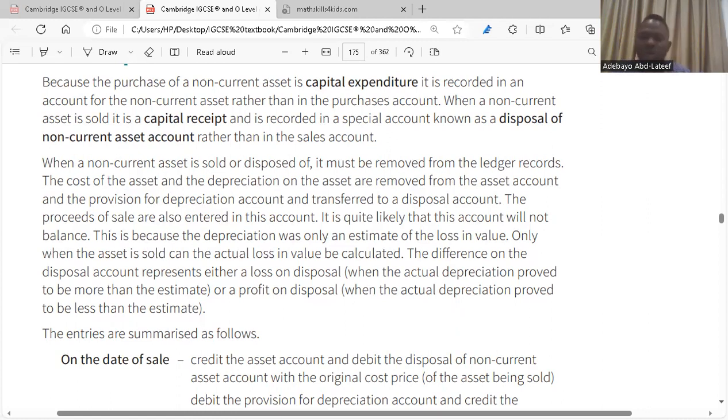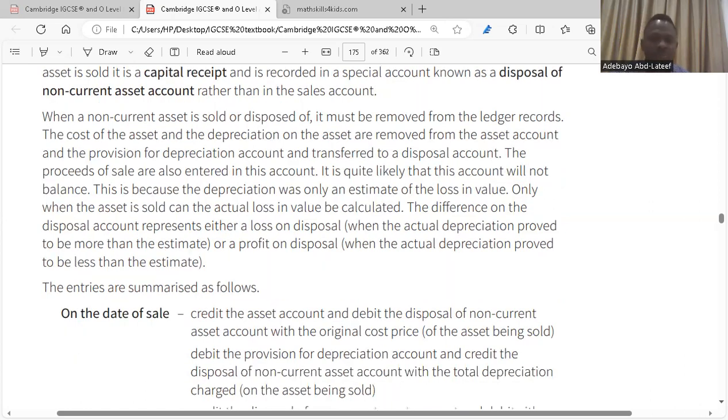Or, your estimate was 3,000 to sell it, but at the end of the year you're able to sell it for 3,200. So your disposal account will represent a profit. Profit on disposal of assets, not profit on sales. Is it clear? Yes.